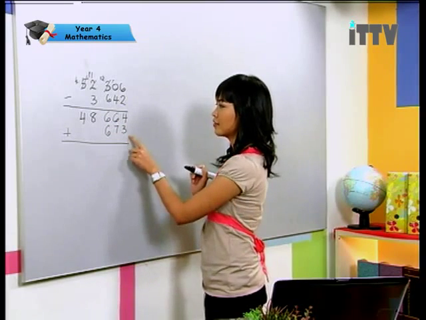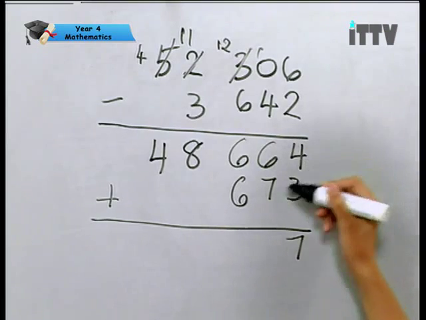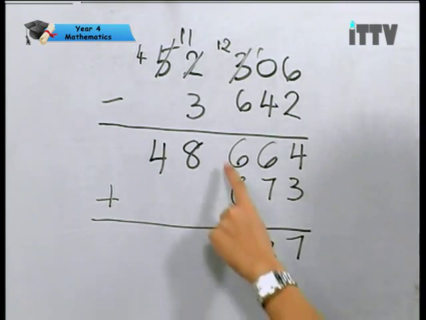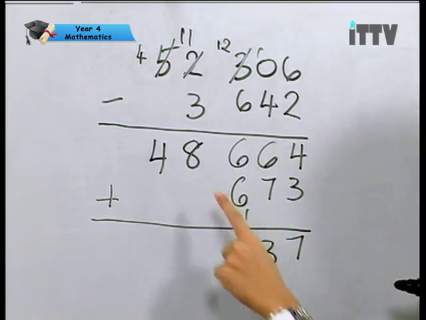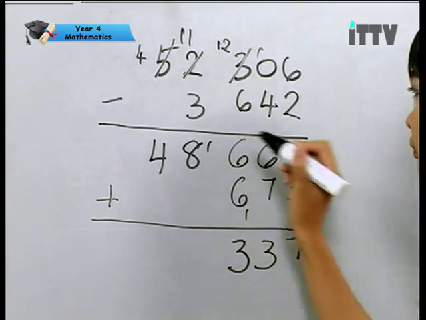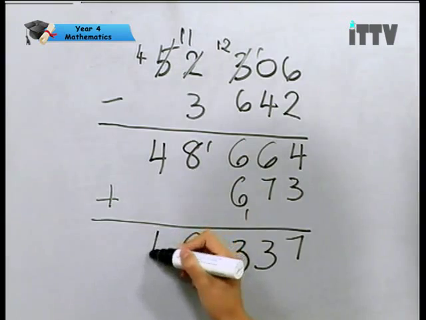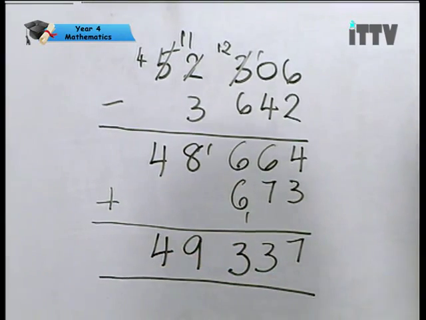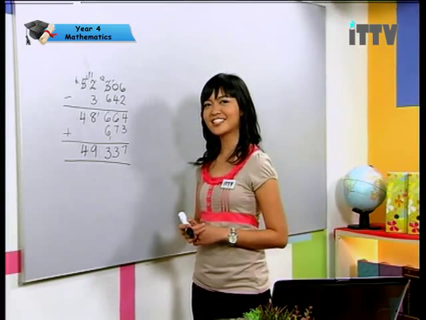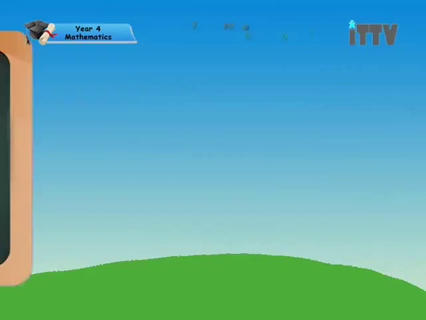Okay, let's start from here. 4 plus 3, 7. 6 plus 7, 13. 6 and 6, remember? Doubles. 12 plus 1, 13. 1 plus 8, 9. And over here, 4. So our answer is 49,337. Simple, right?